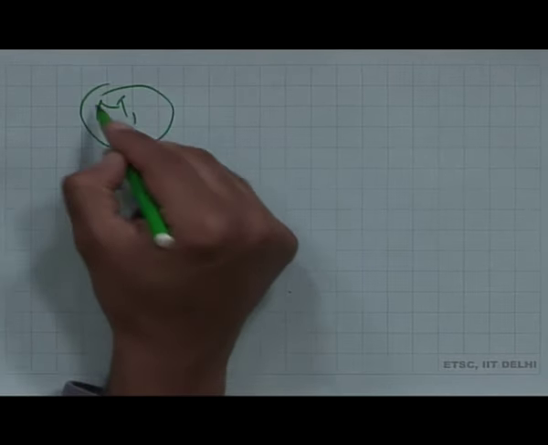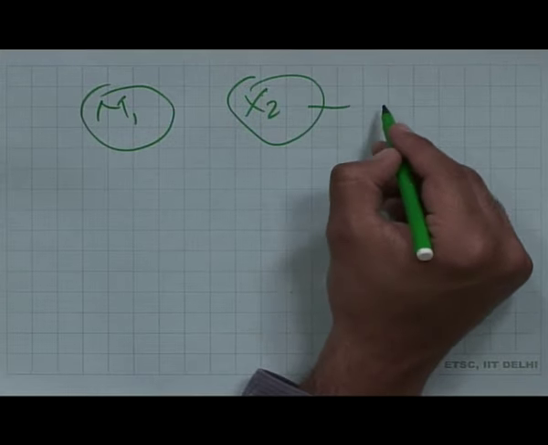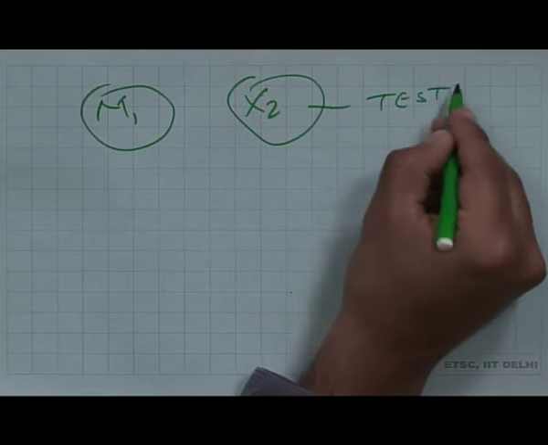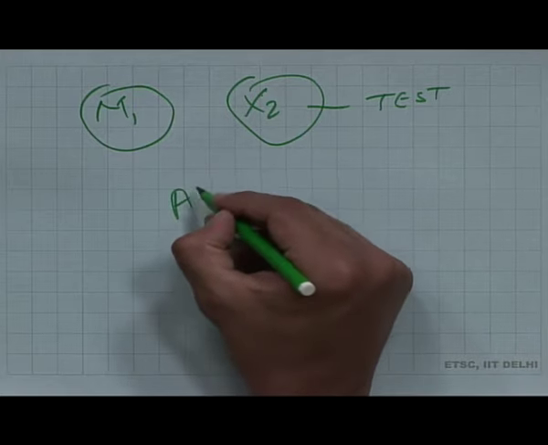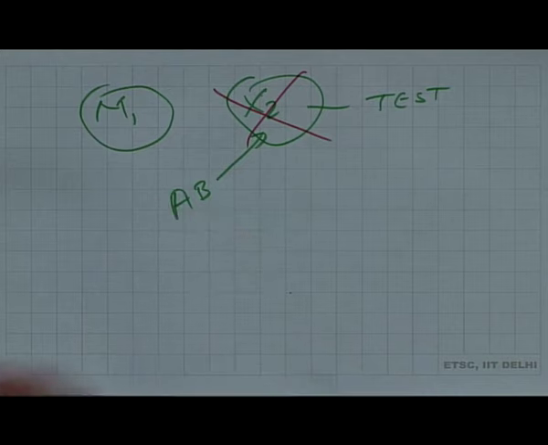if you have an M1, so this is our microorganism, and X2, this is a microorganism to test, okay, because your antibiotic AB actually kills it. So, what does the antibiotic do? It basically kills this.